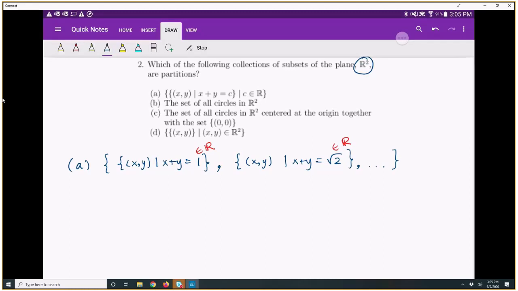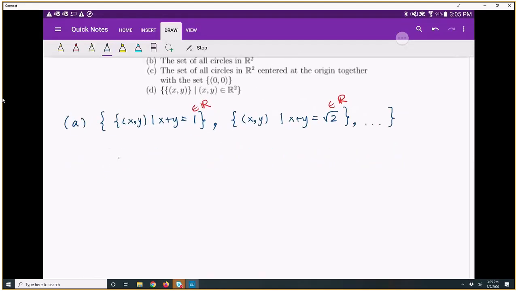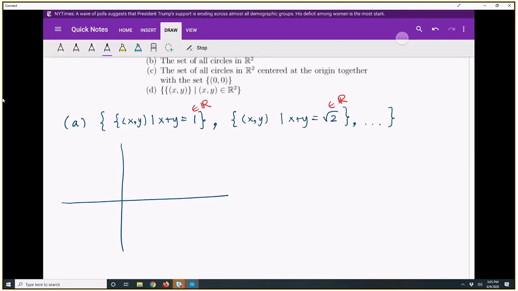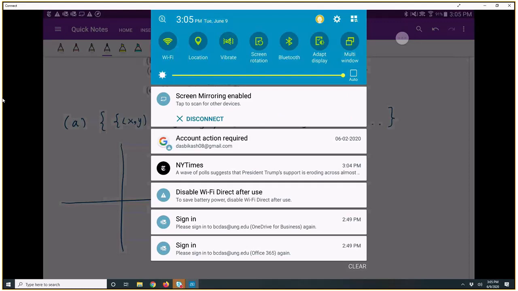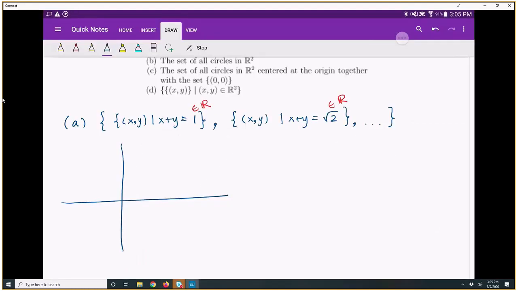And what geometric object are we describing when we say x plus y equals 1? Well, we know that it's a subset of the plane, and x plus y equals 1 should give us the line of slope -1 with y-intercept 1. So this is the set of ordered pairs x comma y such that x plus y equals 1, if I drew it visually.